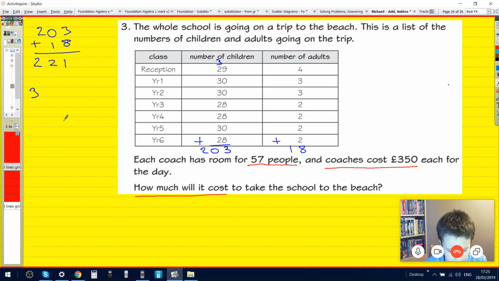And I worked out the difference between 171 and 221 is 50. So the answer I get is 3 remainder 50.